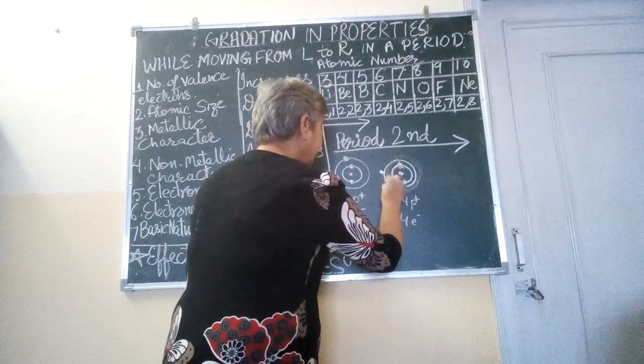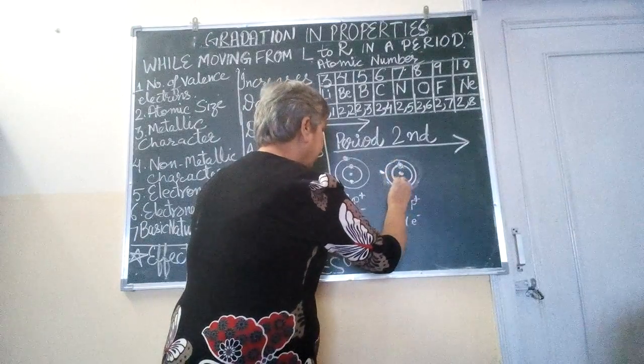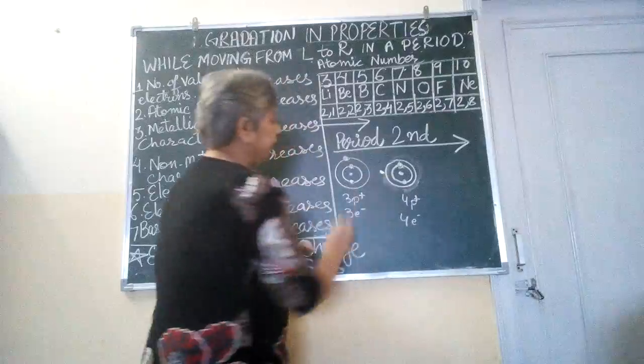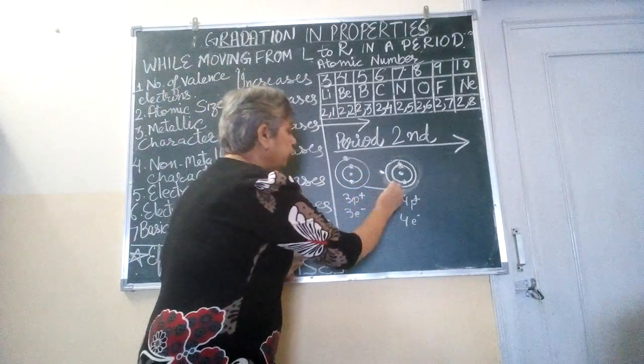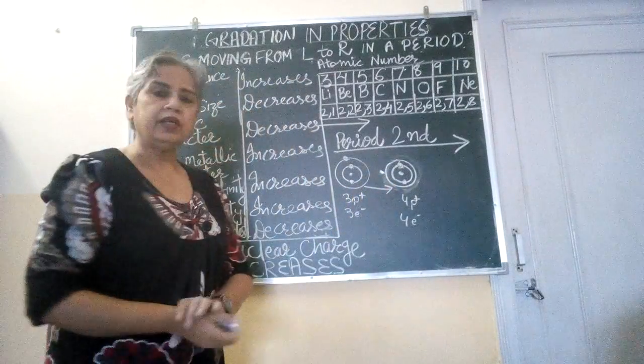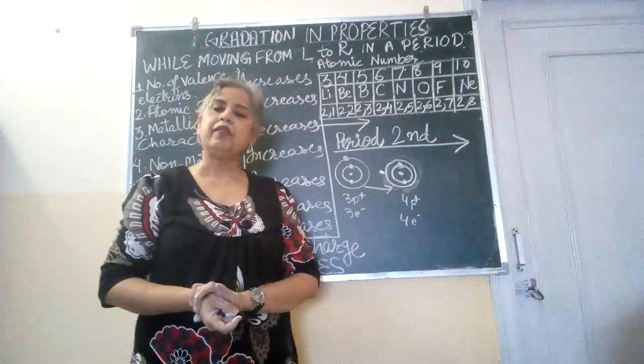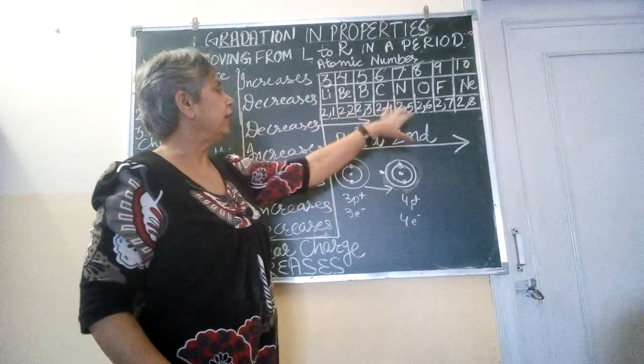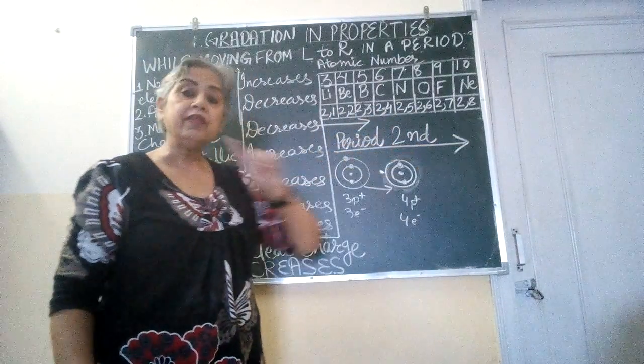Students, many times when I ask the question what will happen to the size, they mostly say size will remain the same because they look here that the number of shells is the same.